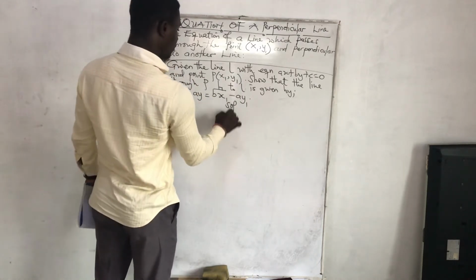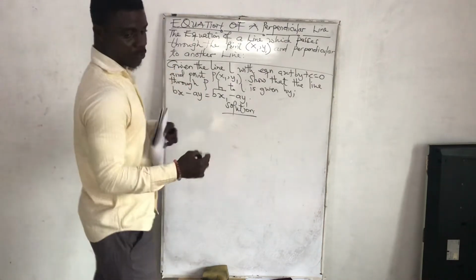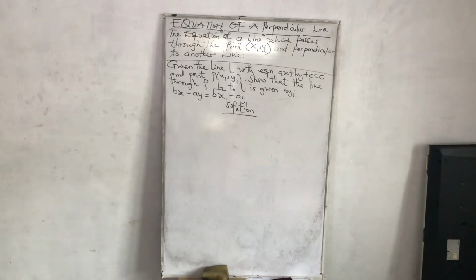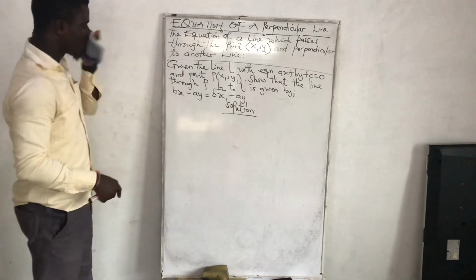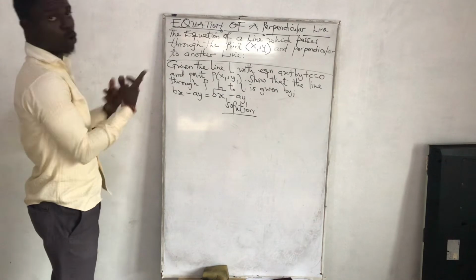So now let's see whether there is no typo inside, right? So let's solve this question. We are using the same analogy here, the same idea, to transform this question to what we want.